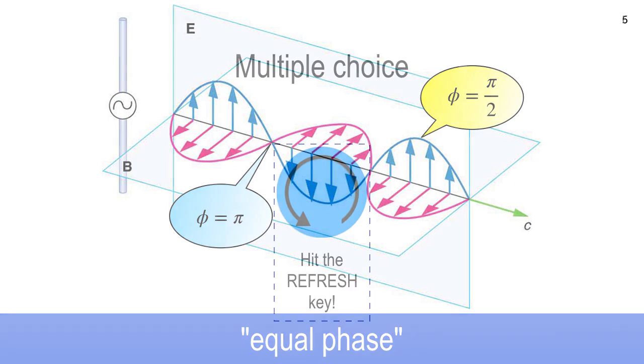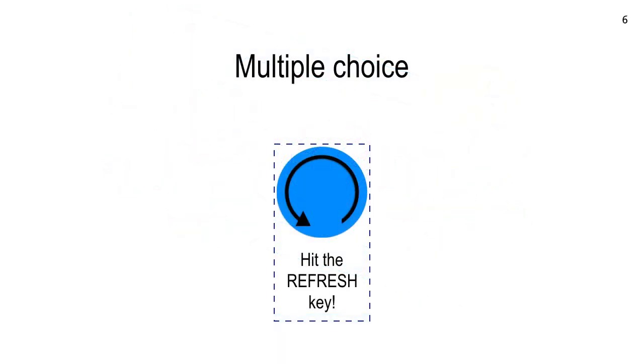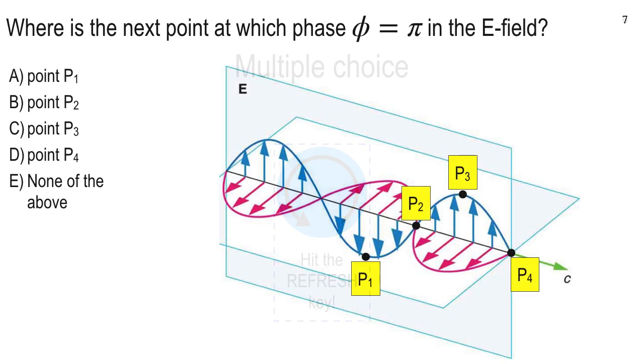All right, so let's do a multiple choice question, actually 2 of them. And it'll be about that same diagram. Now, here's your question. I want you to think carefully. Multiple choice.